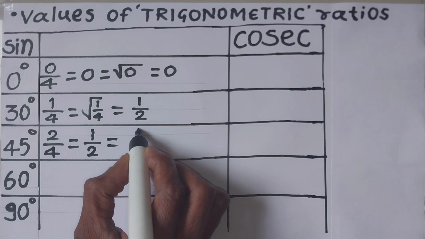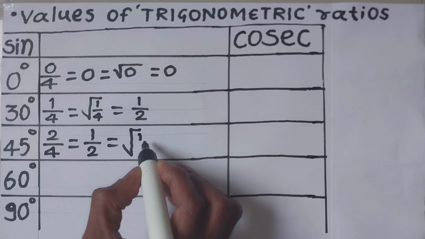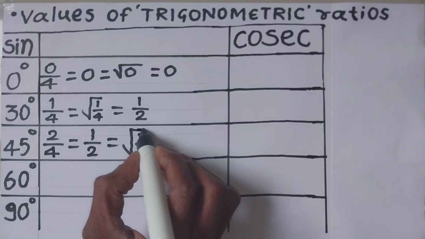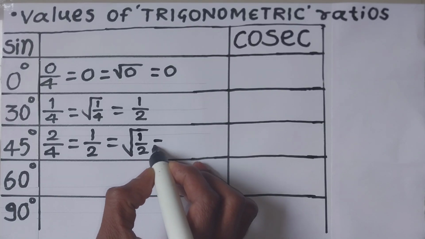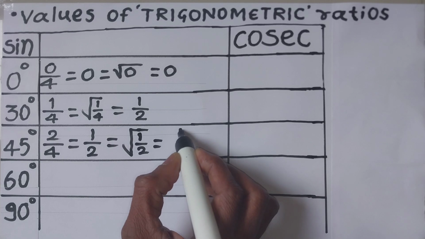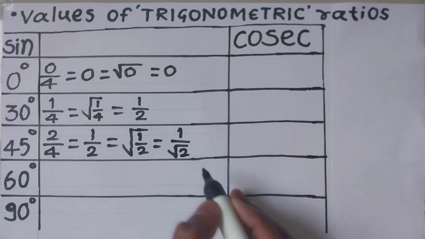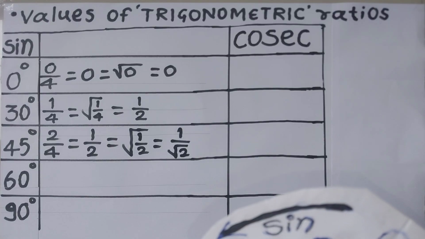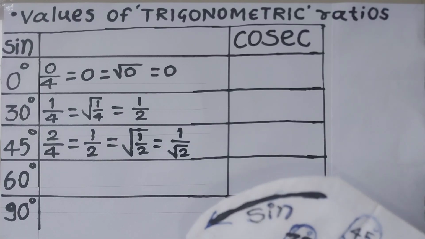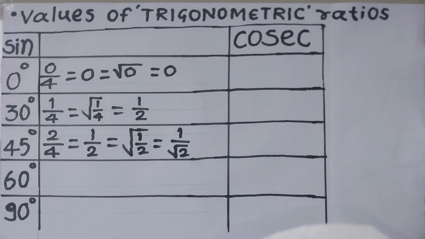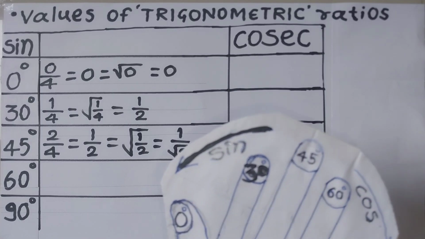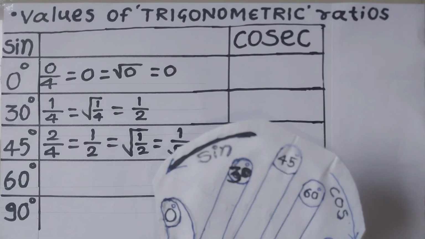Then we take square roots, that is the square root of 1 upon 2. The square root of 1 is 1 and we don't know the square root of 2, so we write 1 upon root 2. This is the value of sine 45 degree.